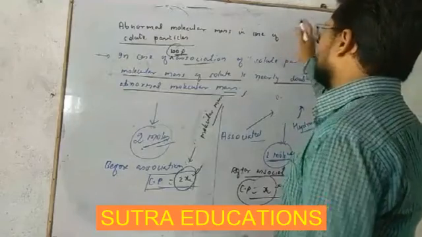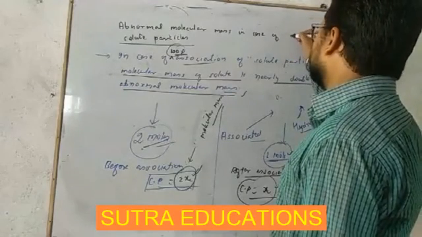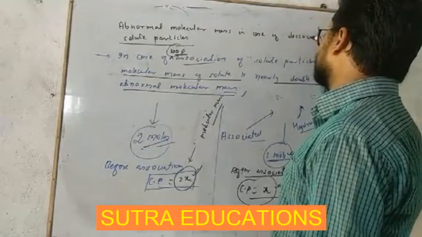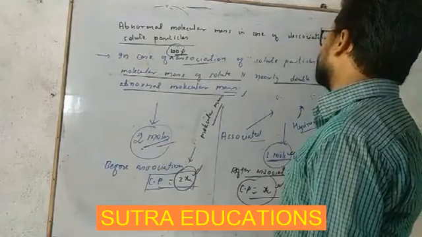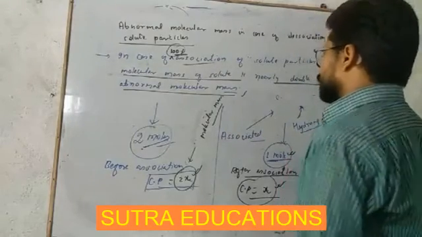Okay. Now abnormal molecular mass in case of dissociation. Put heading: abnormal molecular mass in case of dissociation of solute particles. So what will happen this time?